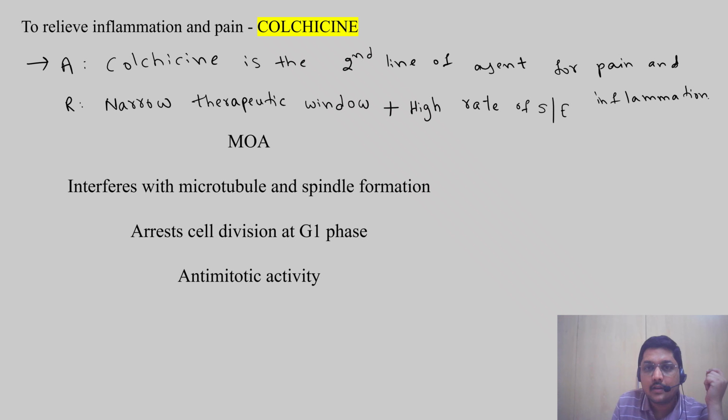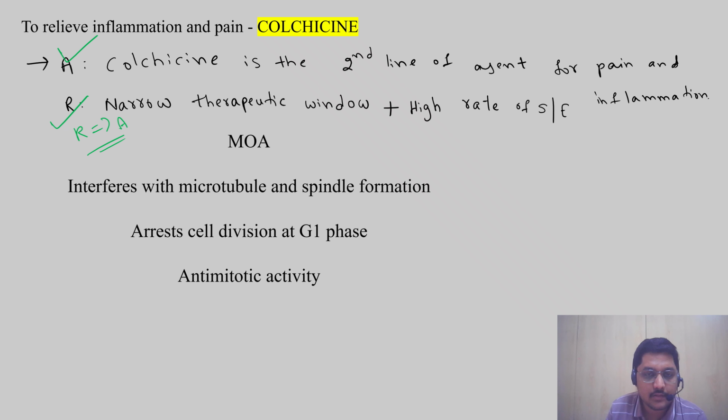So even though colchicine is highly effective, NSAIDs are given as first line, considering the high rate of side effects and the narrow therapeutic window. That's why colchicine is the second line of agent for pain and inflammation. If it is given, then we can say the assertion is true, reason is true, and reason explains assertion.